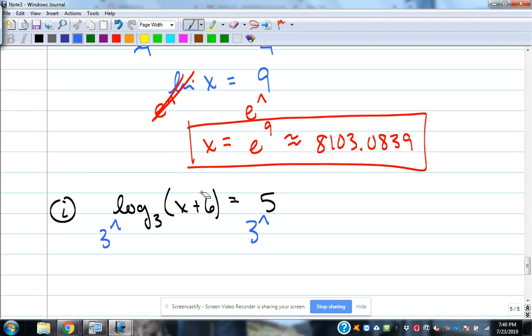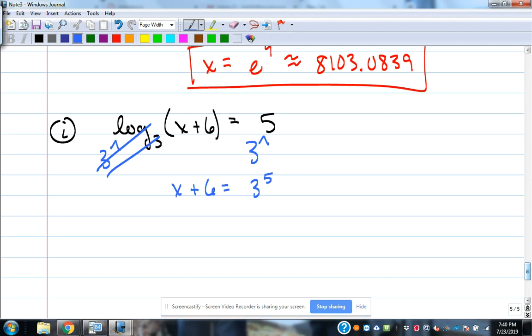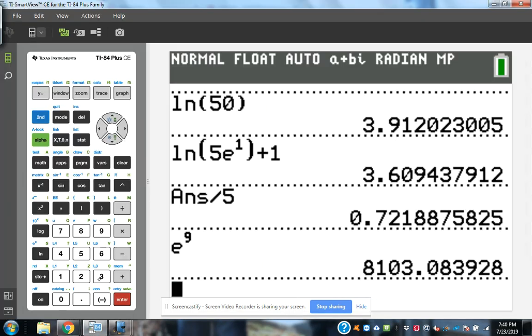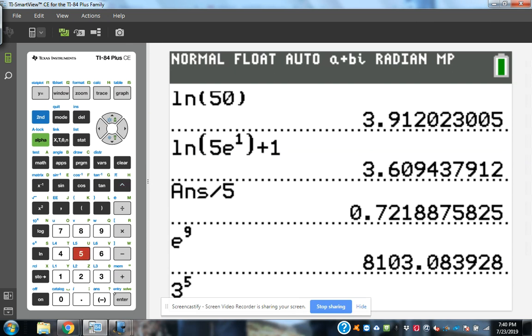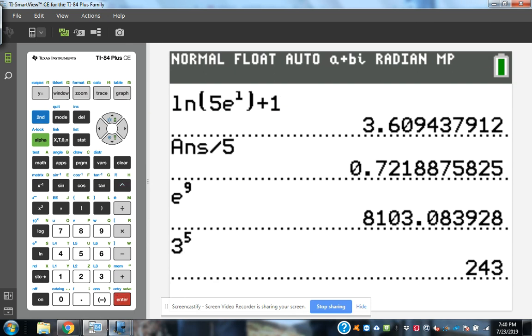Before we can do that, we have to make sure the log is by itself. It is in this case. There's nothing else to do. So these cancel each other out. And we have 3 to the 5th power, which is just a number we can work out. 3 raised to the 5th is 243.